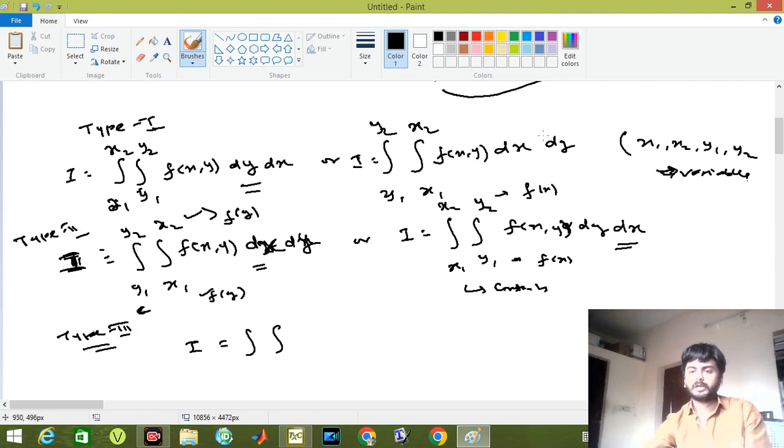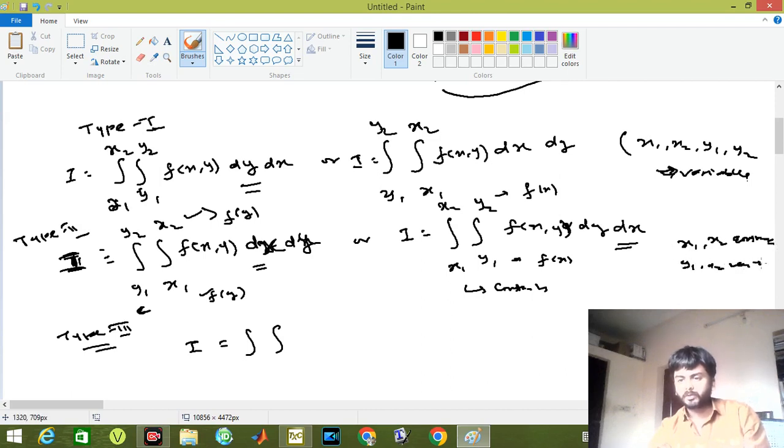So here x1, x2, y1, y2 are variables in the earlier case. If y1 and y2 are constants, then x1 and x2 will be variables.